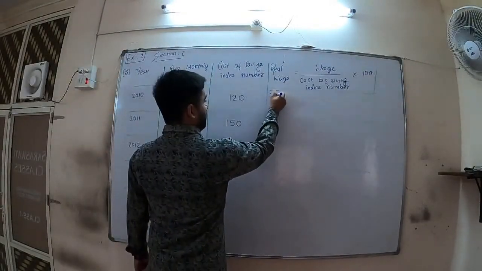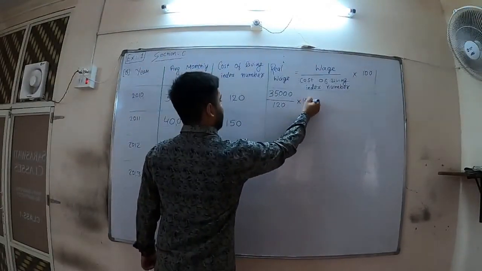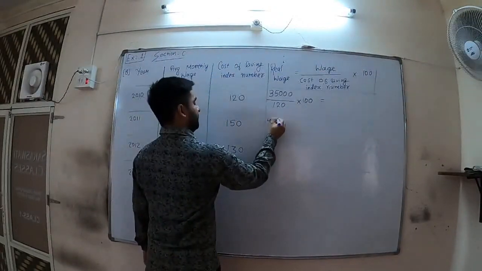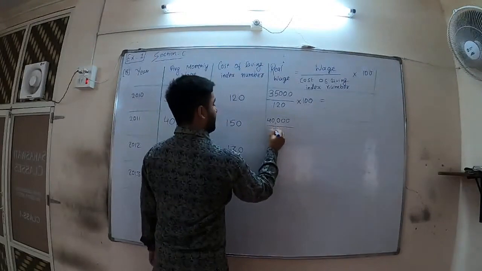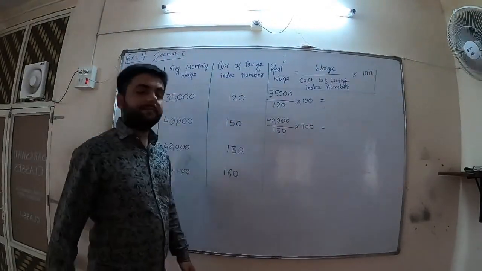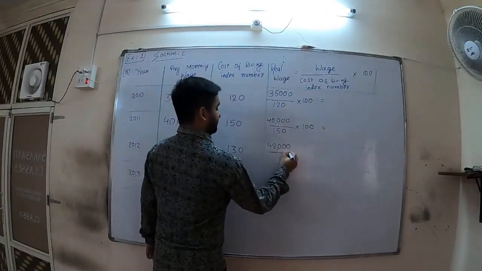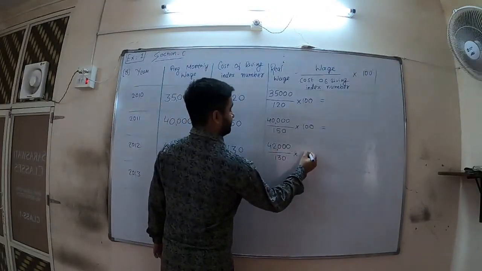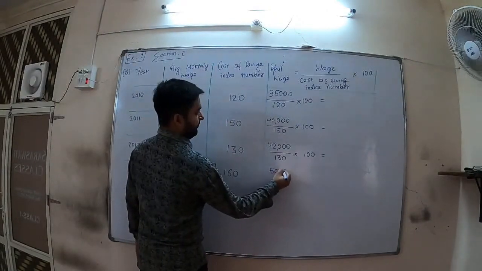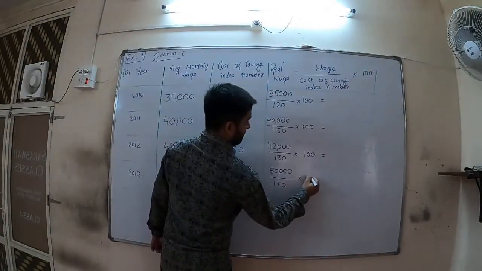Wage is 35,000 upon cost of living 120, multiply 100. Answer we will write afterwards. 40,000 divide 150 multiply 100. Then 42,000 divide 130 multiply 100. 50,000 divide 160 multiply 100.